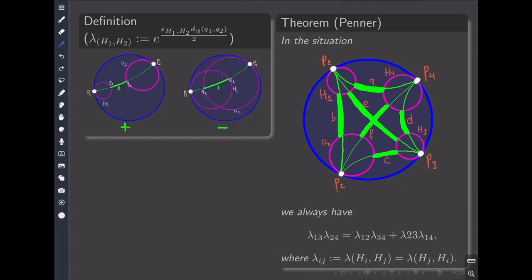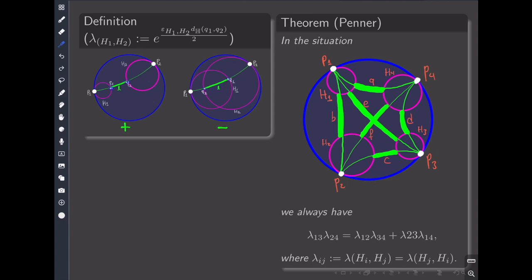provided by the horocycles. We take such hyperbolic distance, and then we take the exponential of half this quantity. So you see, the exponent is half the signed distance between Q1 and Q2.